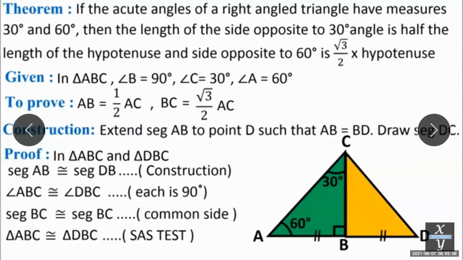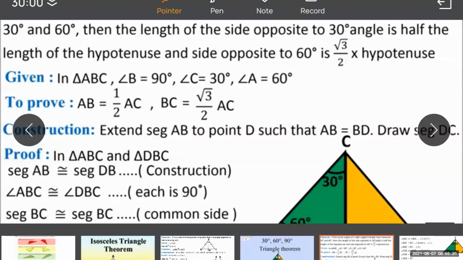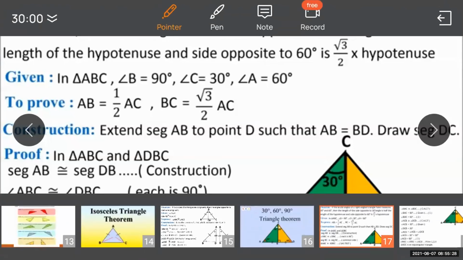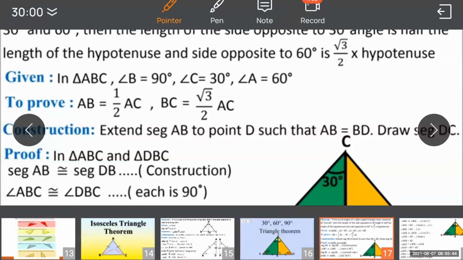As this is a right angle triangle, we will use the hypotenuse side test. To show these two triangles congruent, first we will search for the factors, which side or which angle we can show congruent with another.